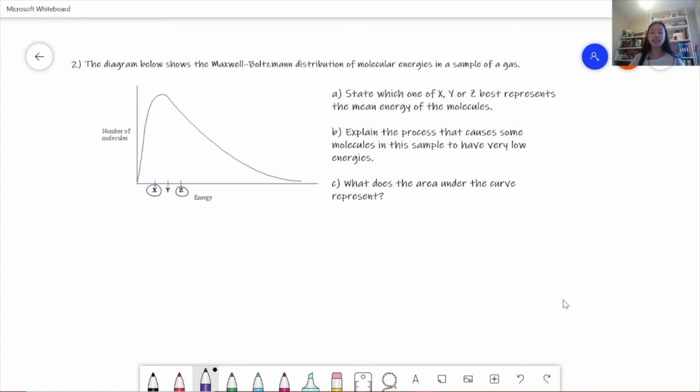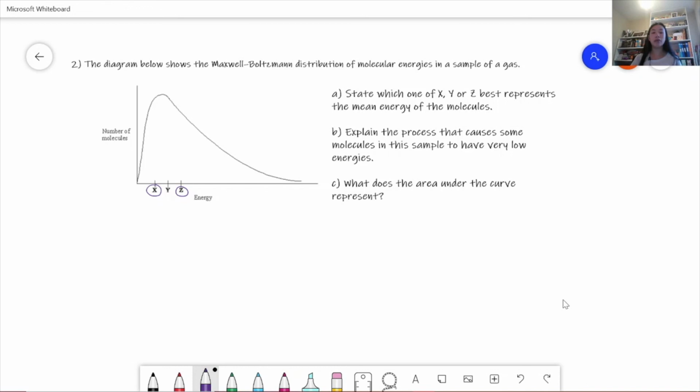And then Z looks to be the average. So when you add up all of the energies of all the separate molecules, and divide by how many molecules there were, it looks like the mean energy. So it could be Z, or it could be Y. But Y could also be the most probable energy.